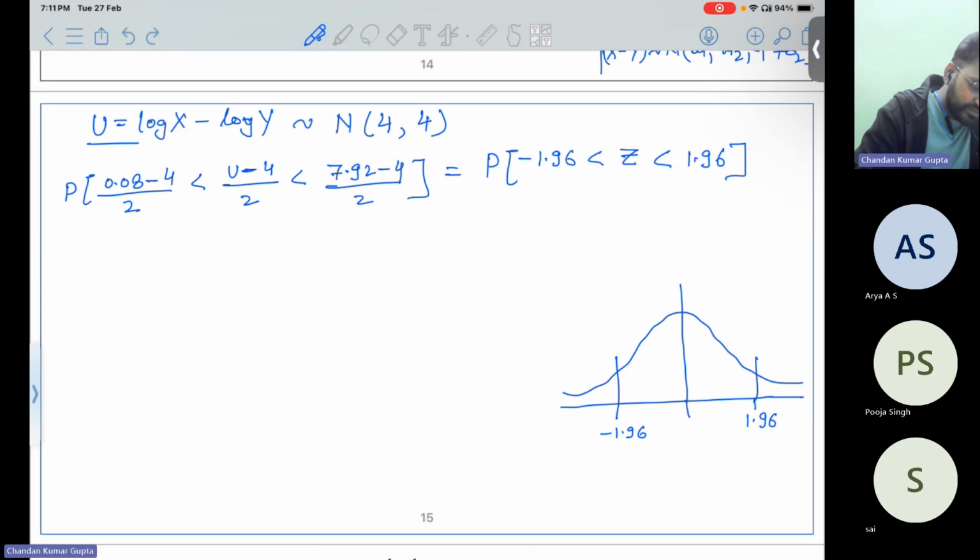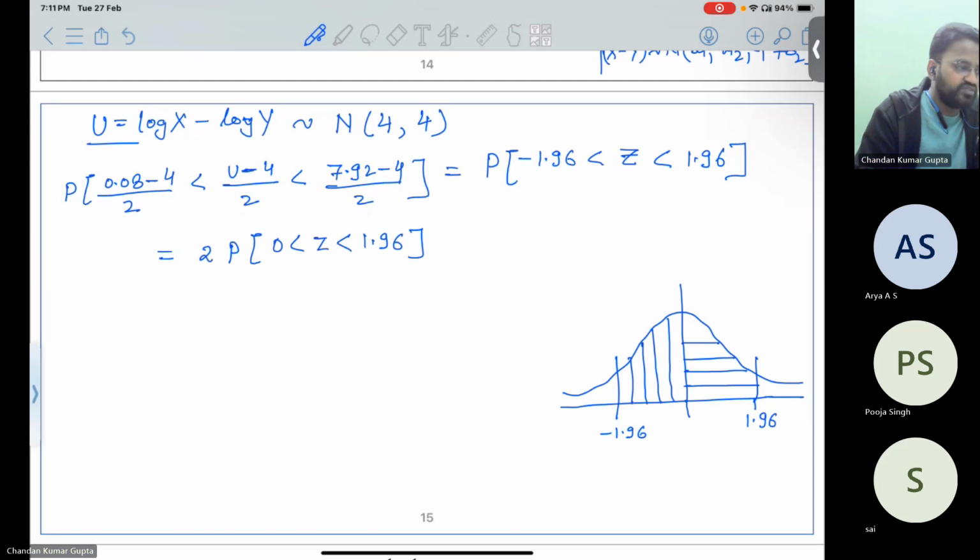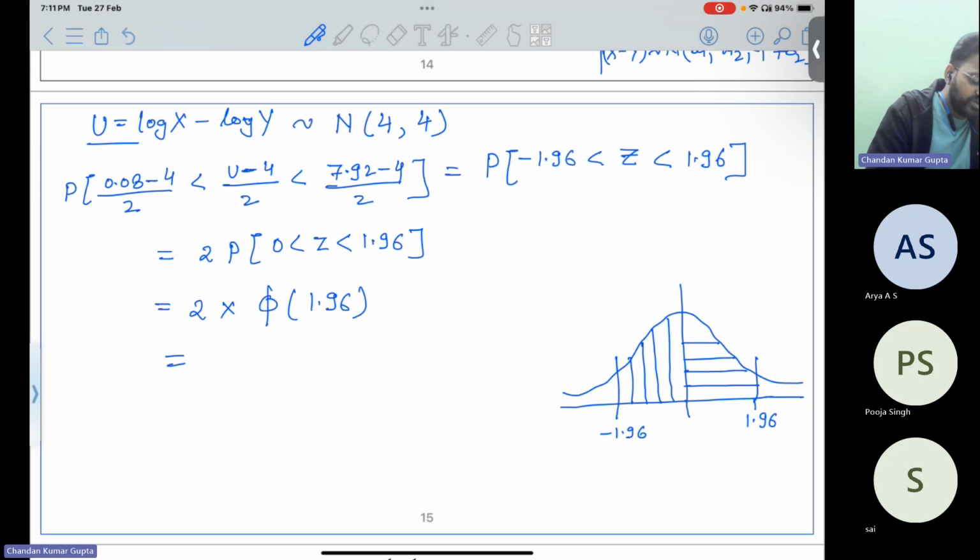We know that the probability of this is the same as the probability of this because of the symmetry of the normal variable. So we can write it as twice the probability from 0 to 1.96. Is it clear now? So this is 2 into phi of 1.96.